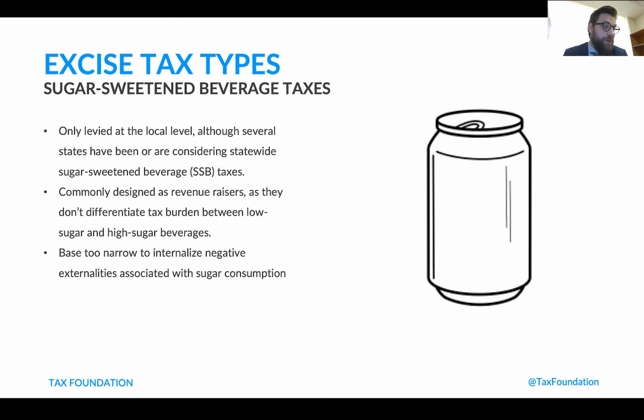In my home country of Denmark, there was a fat tax levied a few years back, which tried to internalize the externalities associated with trans fats added to food. And it was abandoned after just a few years because it turned out to be very regressive, very expensive to collect, and very expensive for businesses to comply with. And a sugar tax would almost certainly have the same issues.